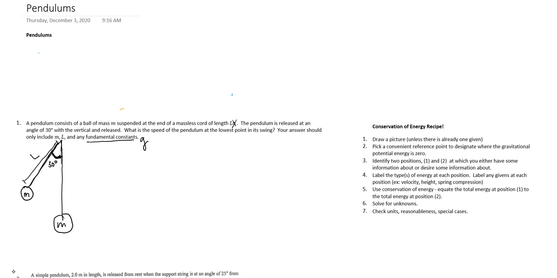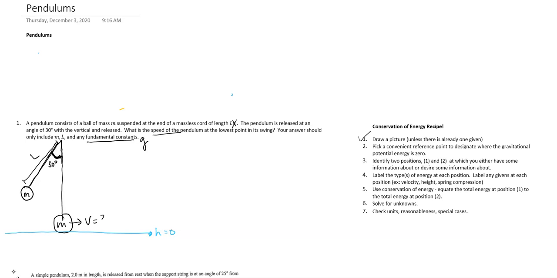So we're going to follow our good old conservation of energy recipe, which I have to the right. So we will first draw a picture, which we just did. Then we're going to go ahead and pick a reference point where UG is 0. So a good point always for that is going to be just here, that the height is 0 at this like base right here. Cool. And I should have labeled on here, we want the speed at the lowest point in swing.